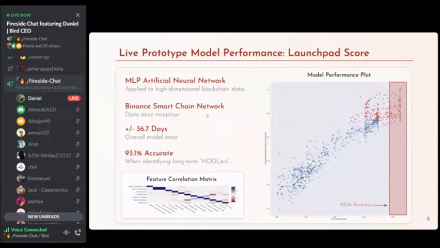So for example, we're seeing a pretty strong relationship between how active a wallet is, so things like the number of transactions it's executed, and its average holding time. We're also seeing some relationships between the other projects that a given wallet is holding and how long they will hold a new project. So we're just getting started with this.